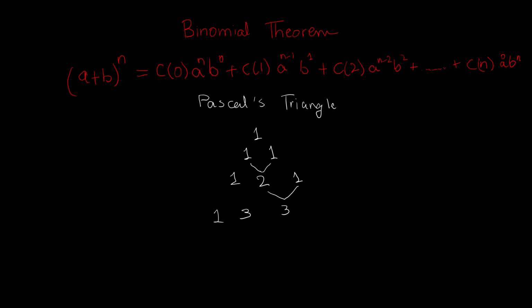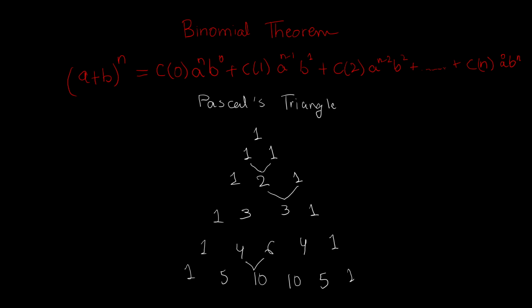We always have 1 at the boundaries. If we continue this way, 3 plus 1 is 4, 3 plus 3 is 6. Now 4 plus 1 is 5, 6 plus 4 is 10, again 10, and 4 plus 1 is 5. Now these values represent the answers for C of 0, C of 1, C of 2, and so on.